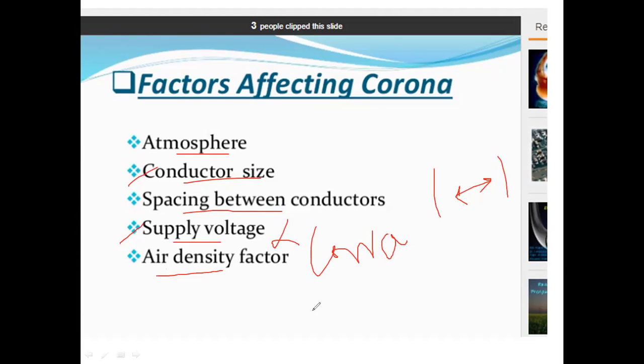Air density, represented by m naught for the audible and mv for the visual, also affects the corona.